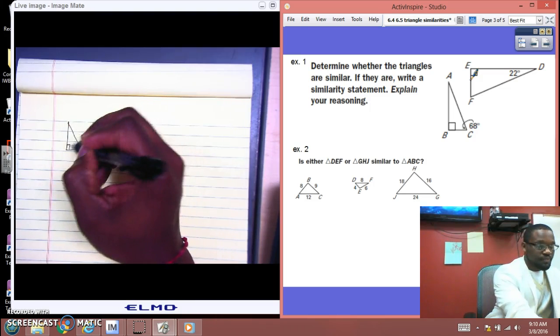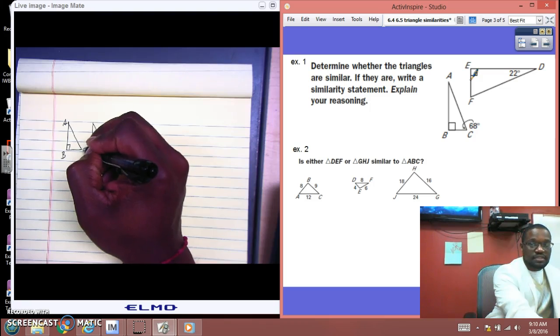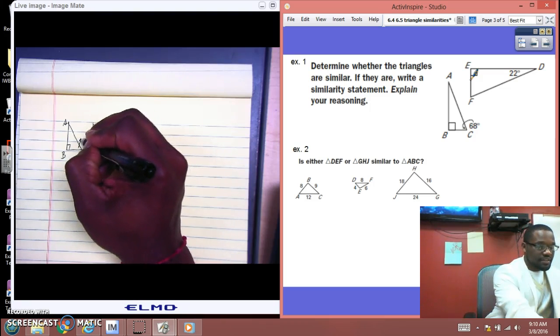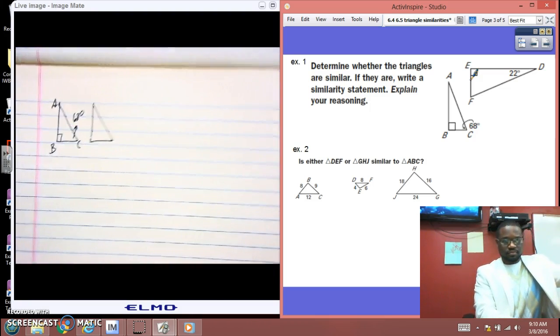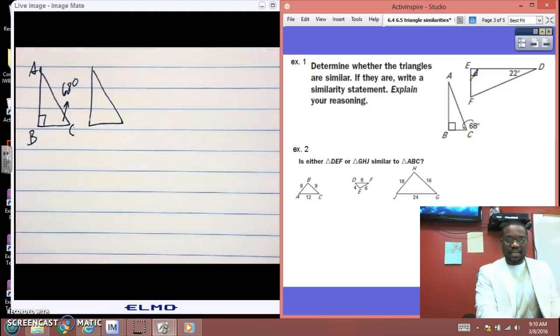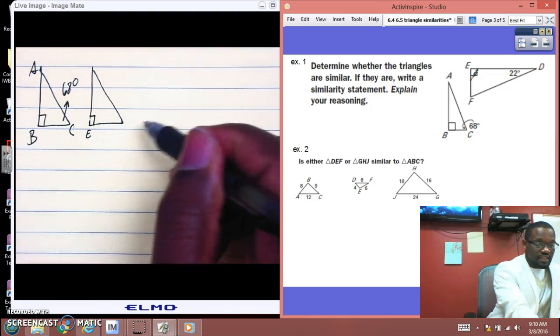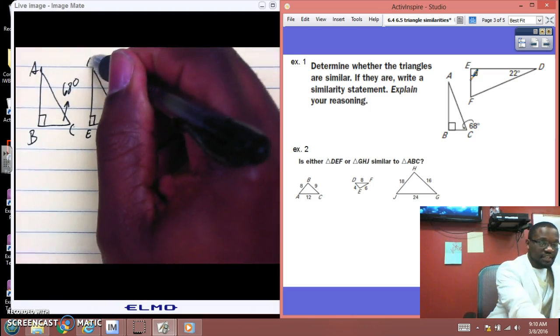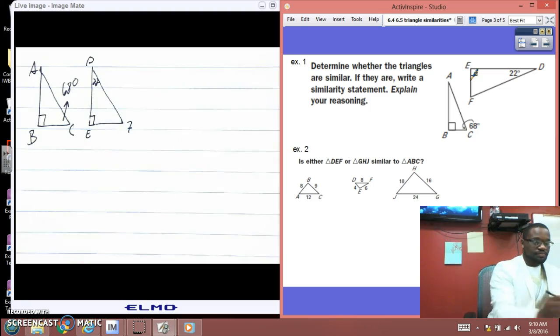In the first one, you have B, A, and C, and this angle right here is 68 degrees. And in this one, this angle is E, this is F, and this is D, and this angle up here is 22 degrees.